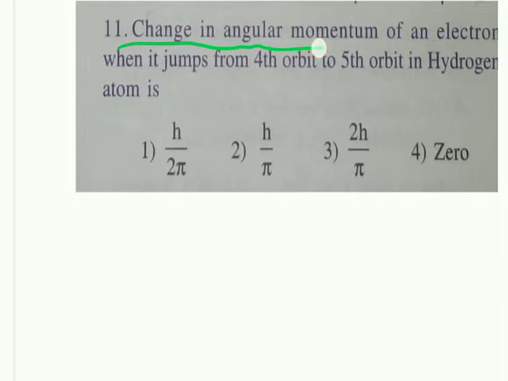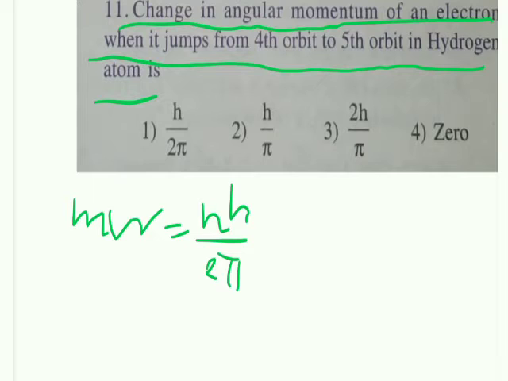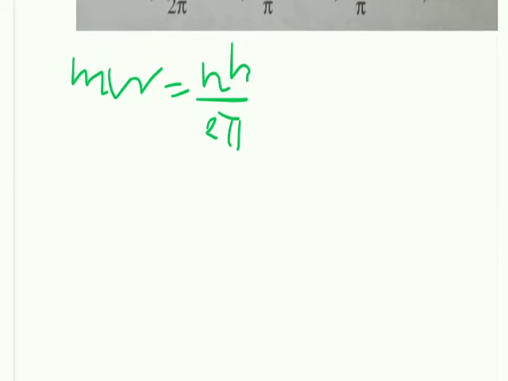What is the change in angular momentum of an electron when it jumps from the 4th orbit to the 5th orbit of a hydrogen atom? Angular momentum mvr is equal to nh by 2 pi. So this is the formula. The electron jumps from the 4th orbit to the 5th orbit, so E2 minus E1.